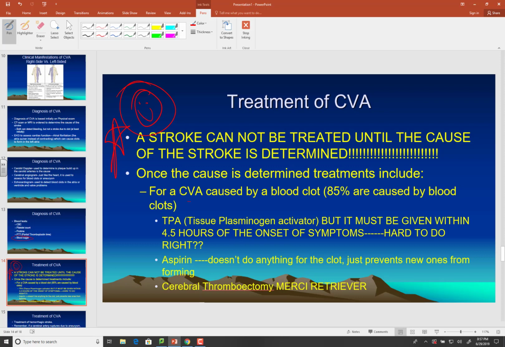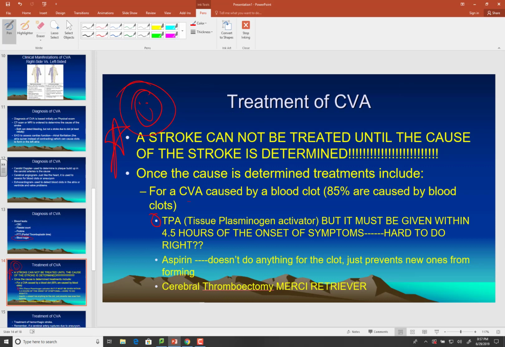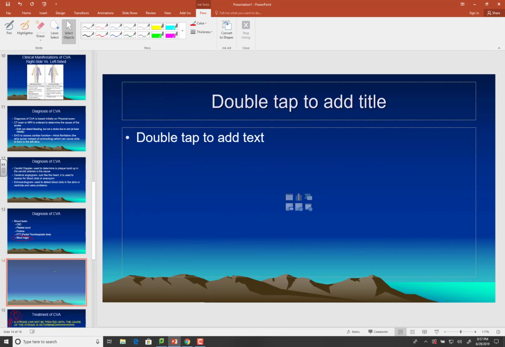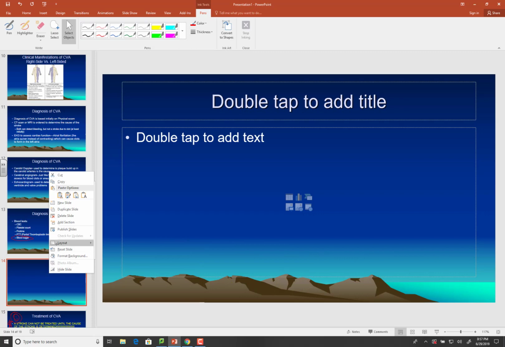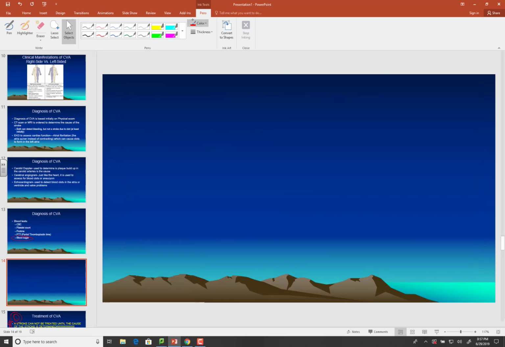And then once the cause of the stroke is determined, for a CVA, a stroke caused by a blood clot, there's a drug called tissue plasminogen activator. I'm going to try this. Alright, here we go.